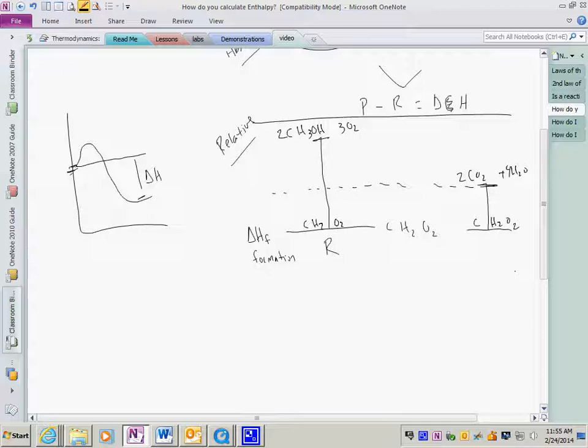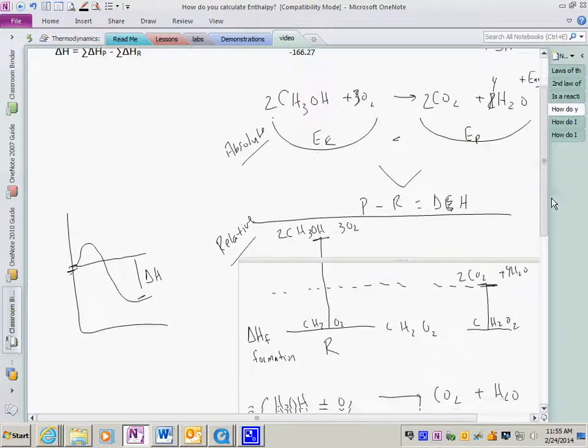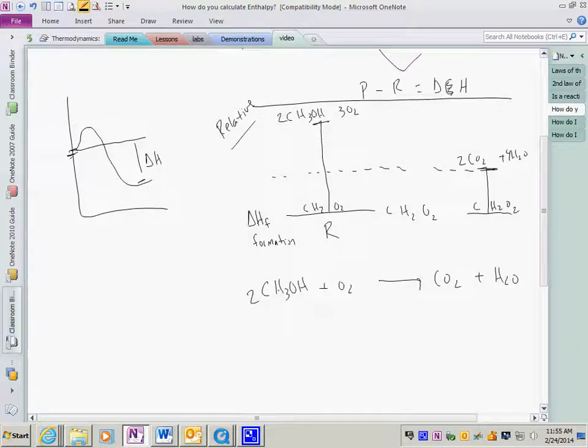Okay, so take a moment, and I'm gonna do delta H for this guy. I'm gonna rewrite my equation just so I can see it here. CH3OH, 2 of them, plus O2 yields CO2 plus H2O, and I do believe the balancing was 3, 2, 4. So 3, 2, 4. Now, to get your delta H values, just go to your chart and look them up.